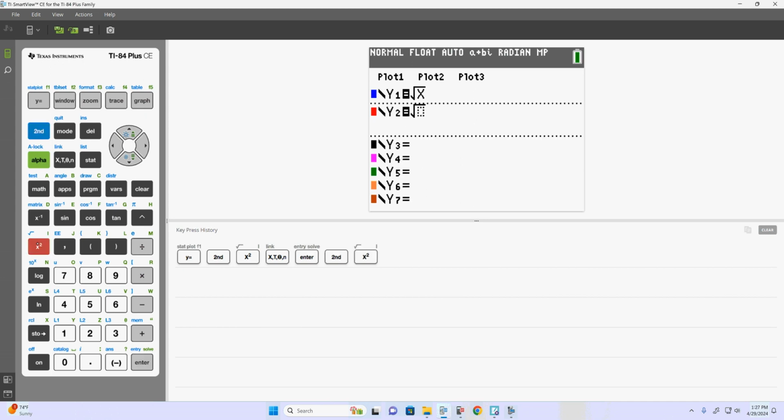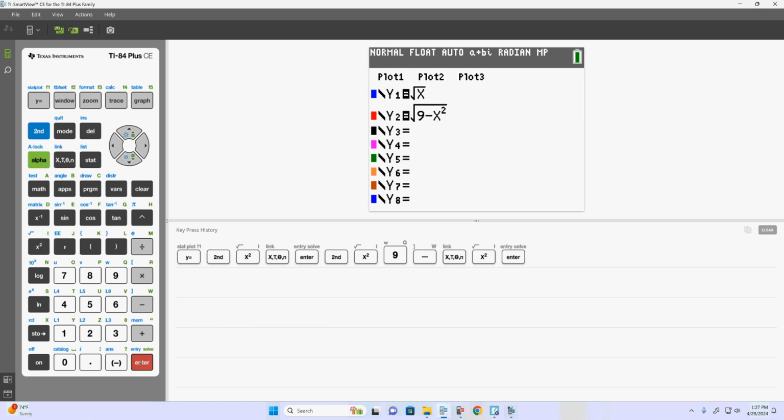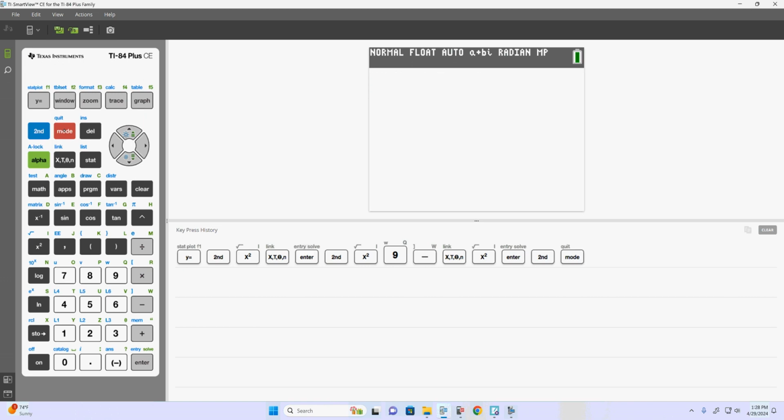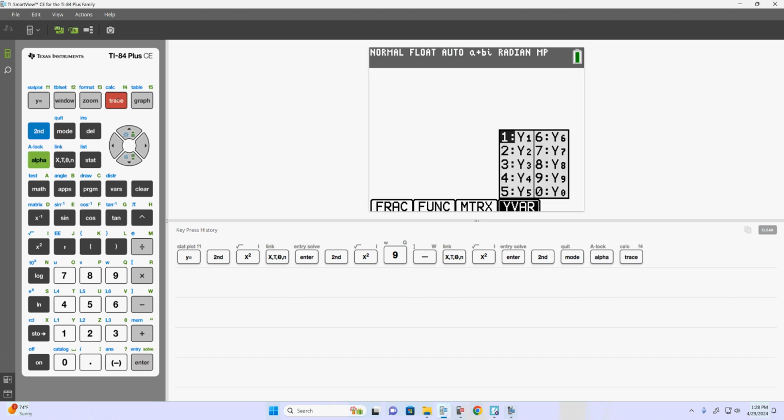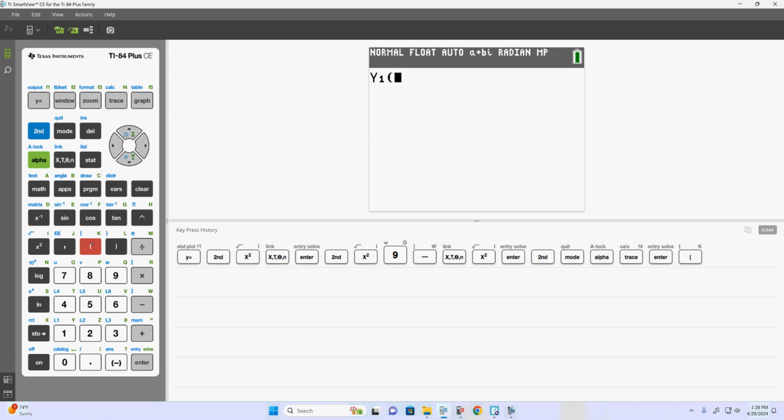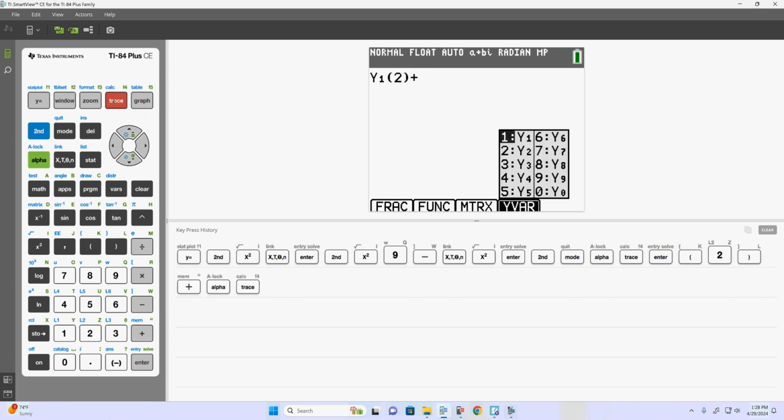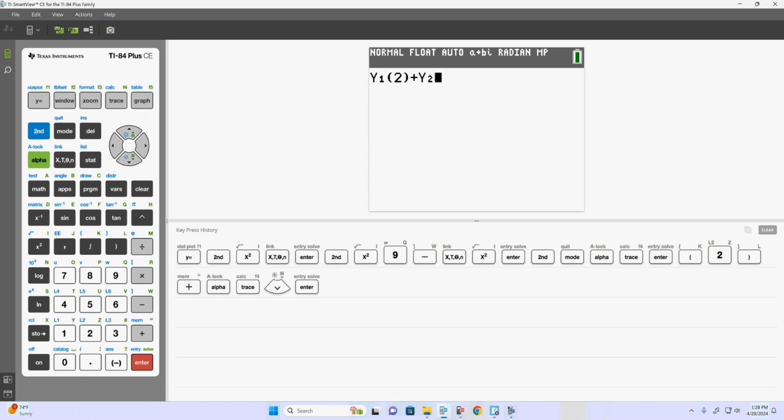Y2 we'll type in g of x, which is 9 minus x squared. So we'll type both of these functions in. Now to do addition, we're going to say alpha trace y1 of 2 plus alpha trace y2 of 2. And we get the value here.